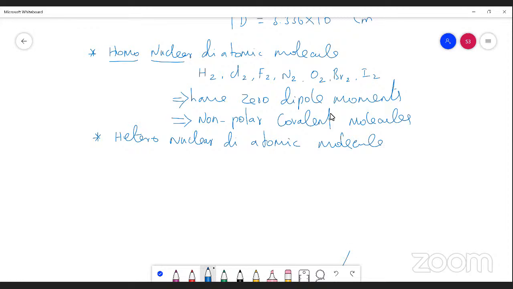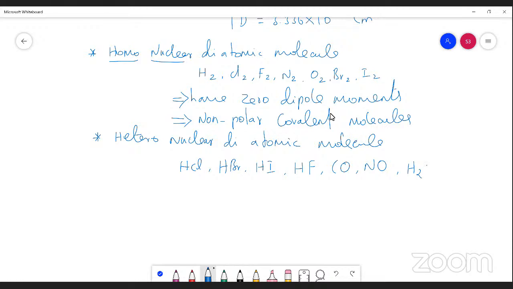Heteronuclear di or triatomic molecules, for example, hydrochloric acid HCl, hydrogen bromide HBr, hydrogen iodide HI, hydrogen fluoride HF, carbon monoxide CO, nitric oxide NO.